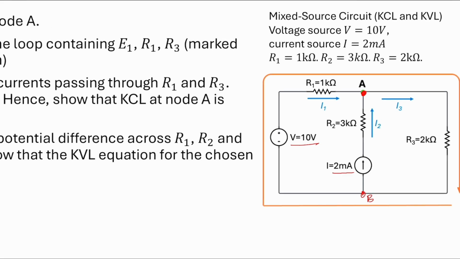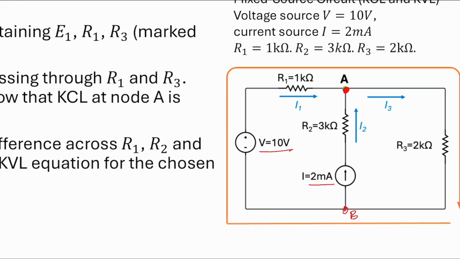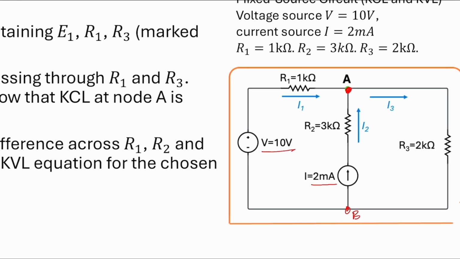Now, we can say if we assume the current from the 10 volt passing through the R1 enters node A, so we call this I1. We also can see the current source, which is 2 milliampere, will pass through R2, and this is I2.